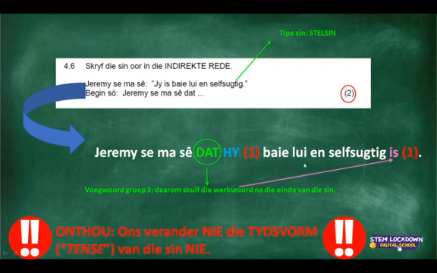Dat hy baie lui en selfsugtig is. Now, this question was for 2 marks, and 1 mark would have been awarded for the jy that you've changed into hy, the pronoun, and the other mark would have been awarded for the verb moving to the end of the sentence.